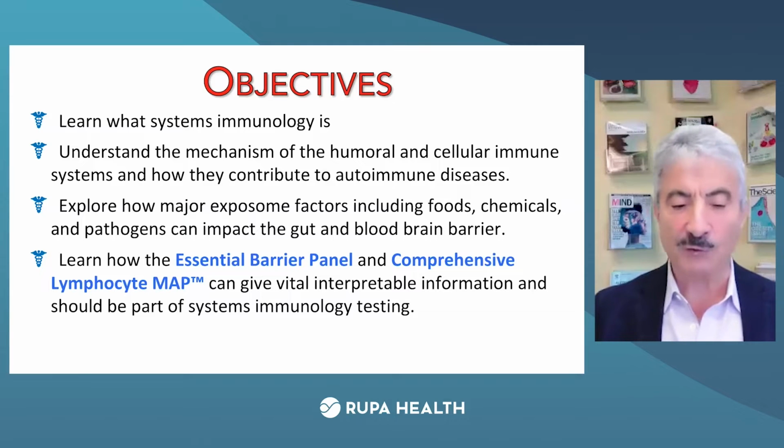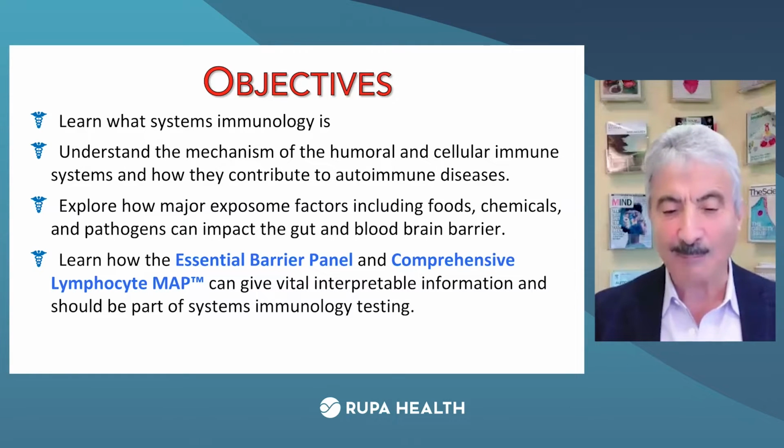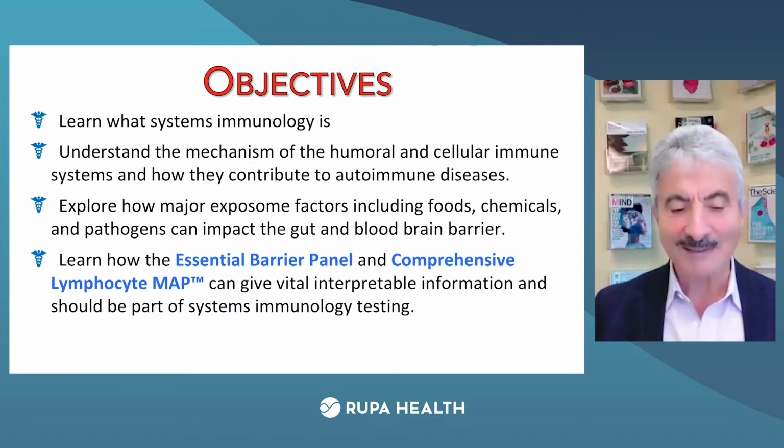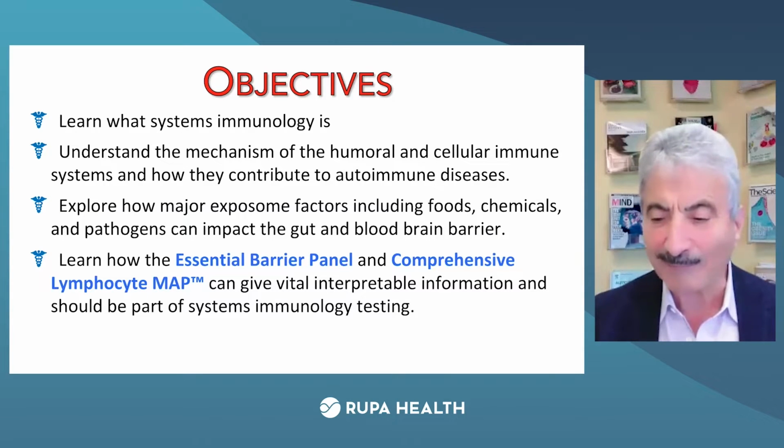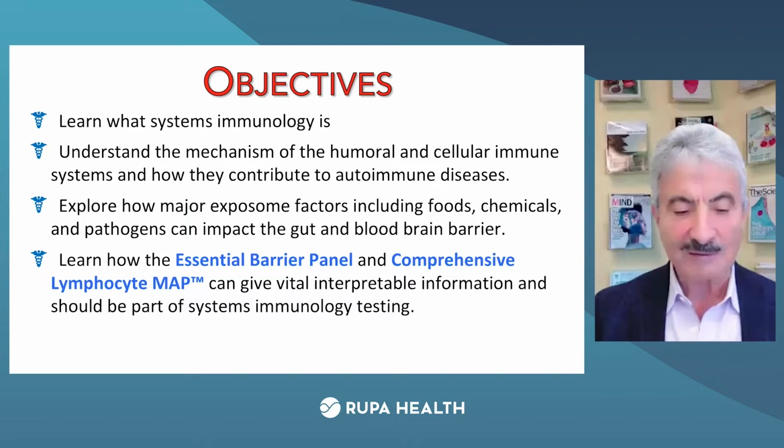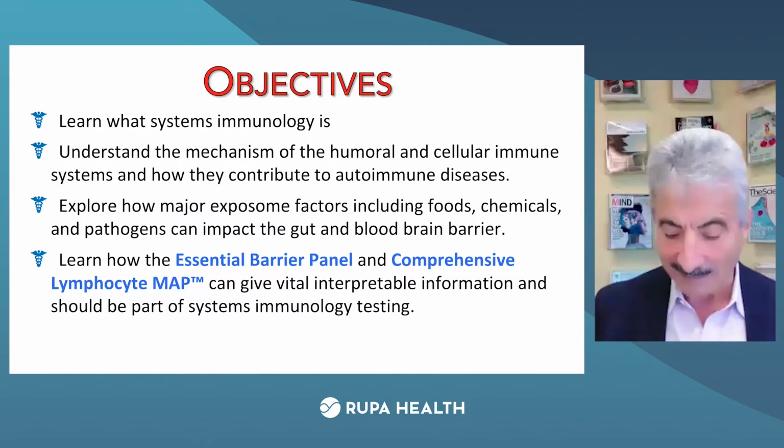I highly recommend starting with the essential barrier panel and LMAP, because information obtained from these two tests can give vital, interpretable information, which is part of the systems immunology testing.